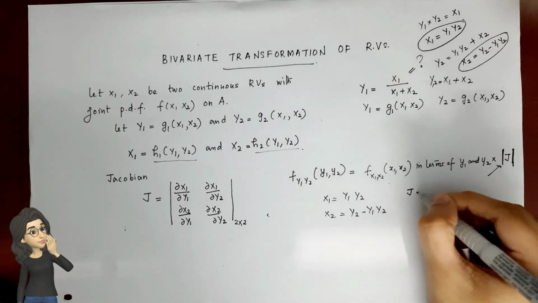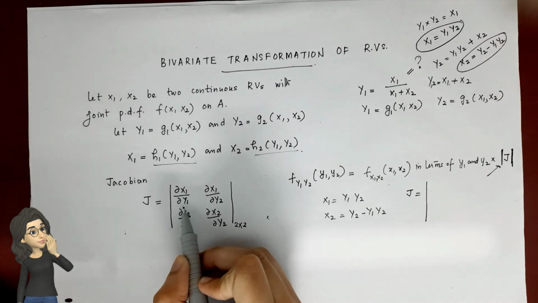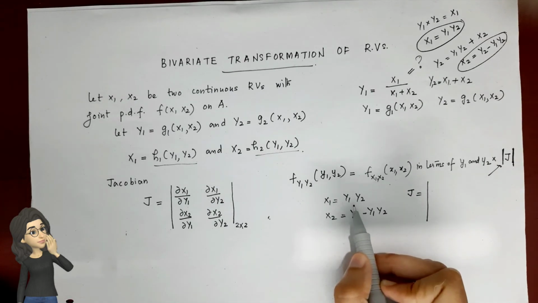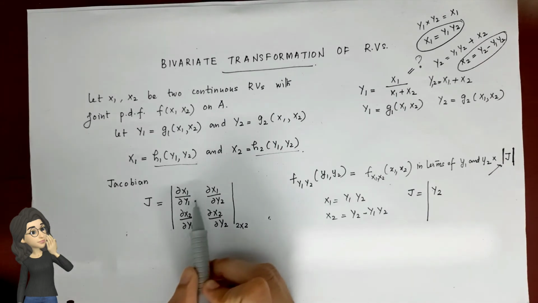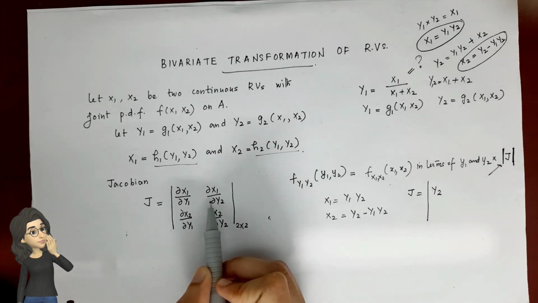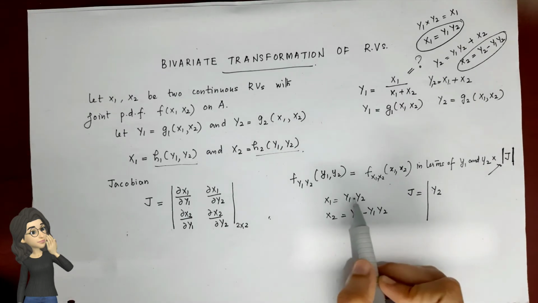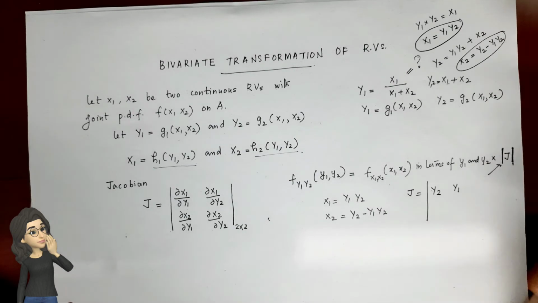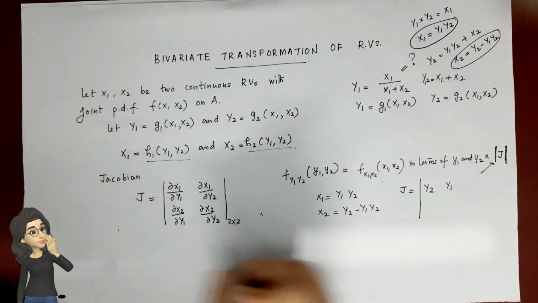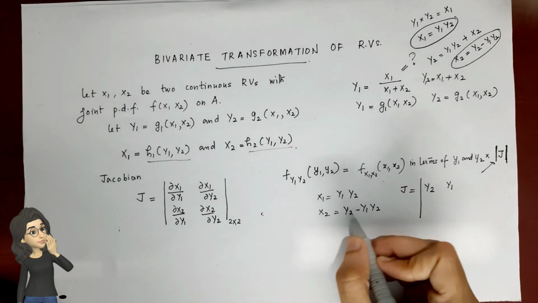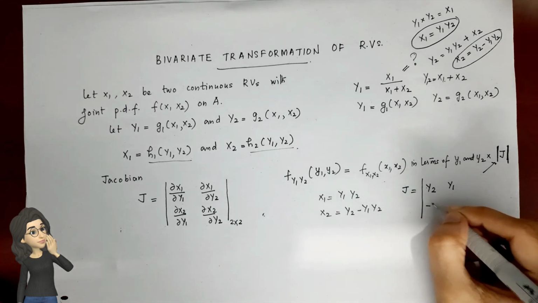The Jacobian is the determinant of dou x1 divided by dou y1, which will be y2. Similarly, dou x1 divided by dou y2, the derivative of this function with respect to y2, is y1. Now the derivative of x2, y2 minus y1 into y2, with respect to y1 is minus y2.